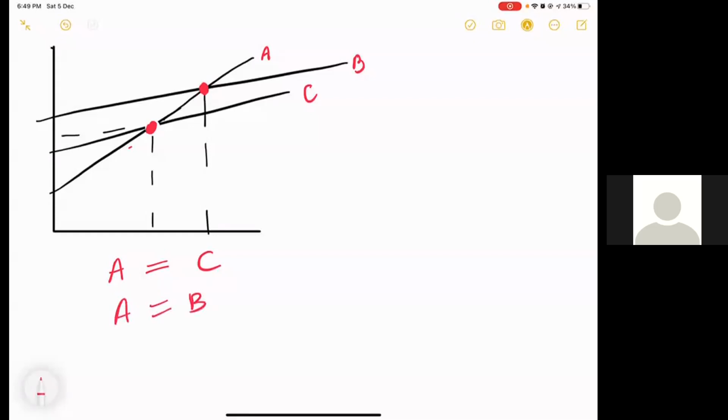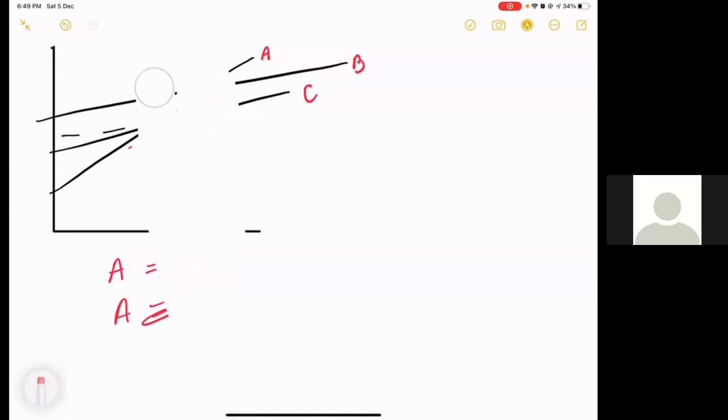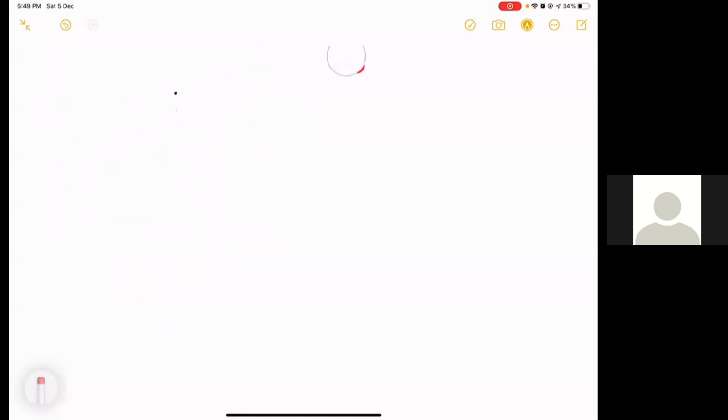Using that premise, we can find the break-even point, and then we would know at which point we should select each site.